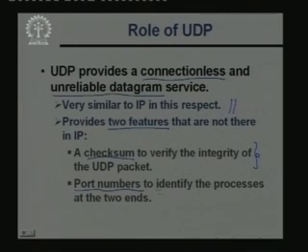These port numbers will identify the processes at the two ends, because when UDP sends a packet to a destination, it is targeted towards a particular process or application which is running at the destination. So, the port number in the packet will uniquely identify which destination this packet must go to.